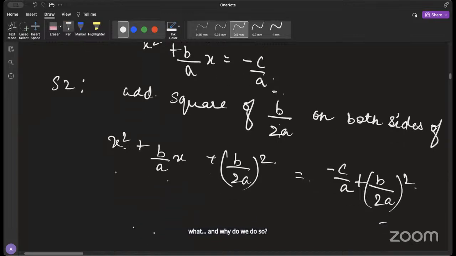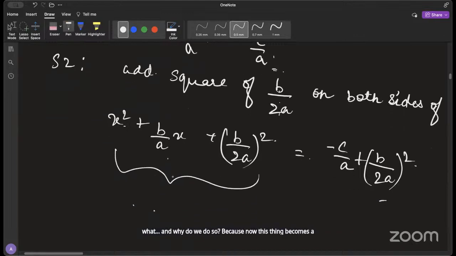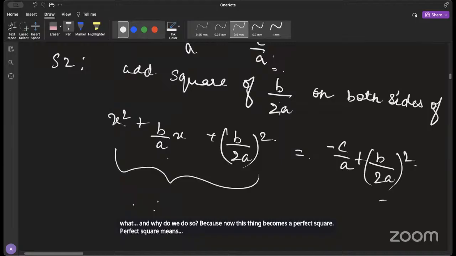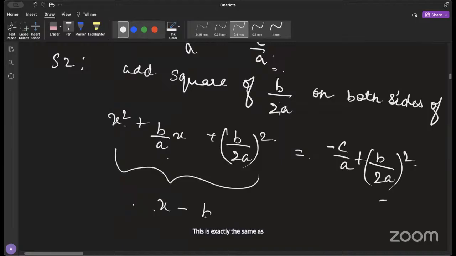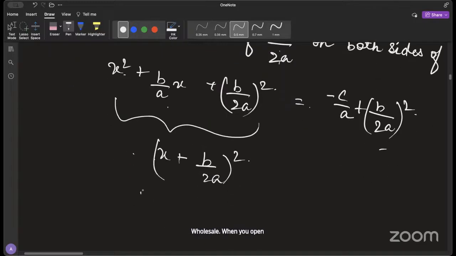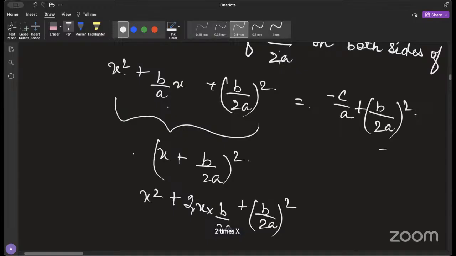Because now this thing becomes a perfect square. Perfect square means this is exactly the same as x plus b by 2a whole squared. When you open the square of this thing, you will have x squared plus b by 2a whole squared. And then here the middle term is 2 times x into b by 2a, right?